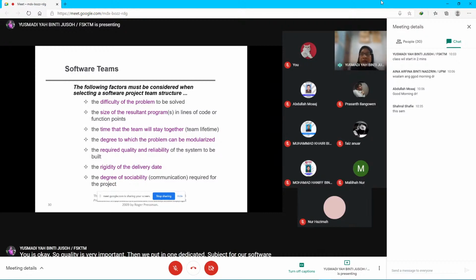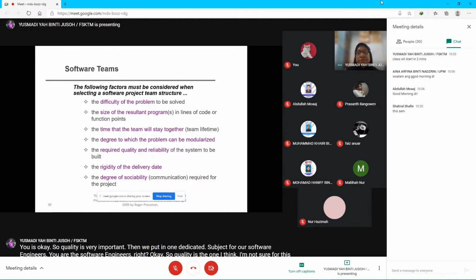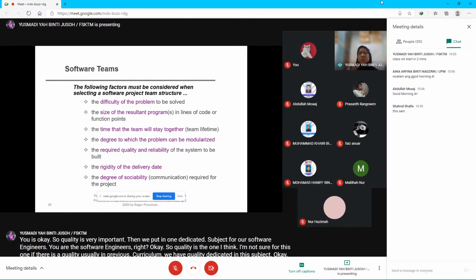I think we already took out the chapters and put one dedicated subject for software quality. Because we try not to duplicate, so that we can focus more time on other chapters related to project management.